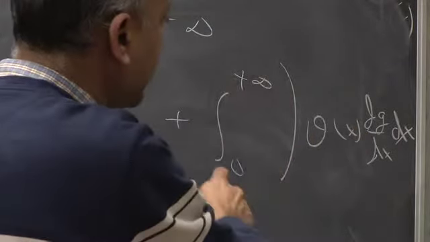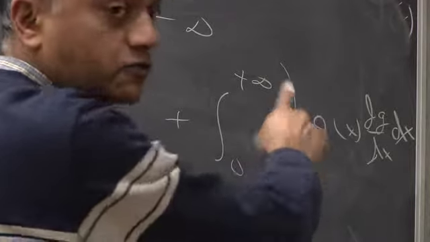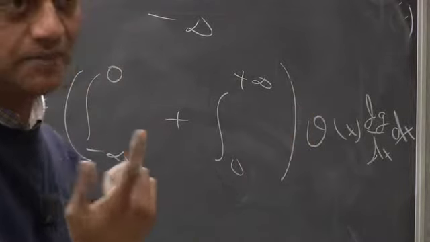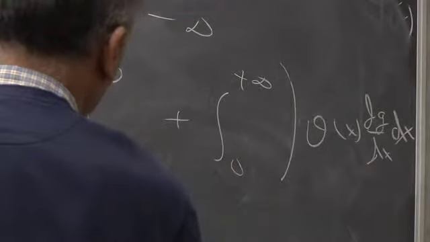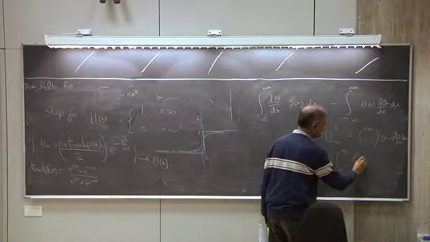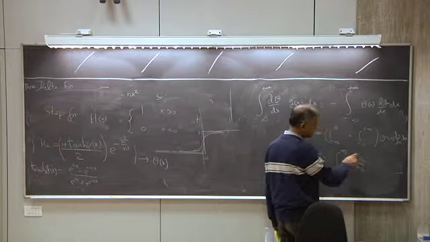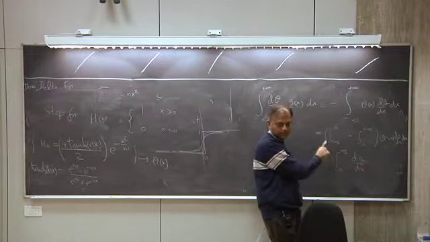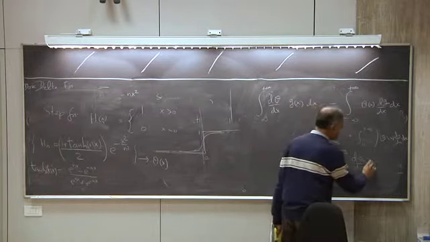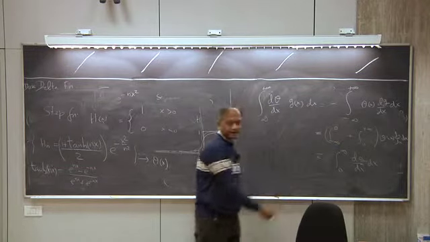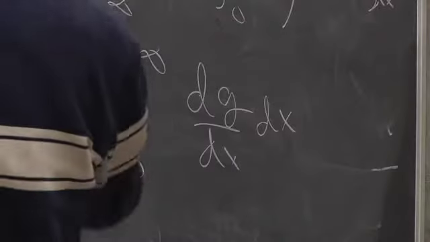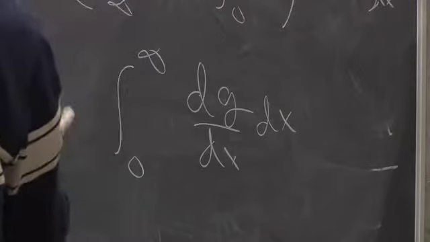All that is left over is the integral from 0 to infinity of dg by dx, because theta is just the constant 1. Sorry, there's a minus sign out here, I forgot.